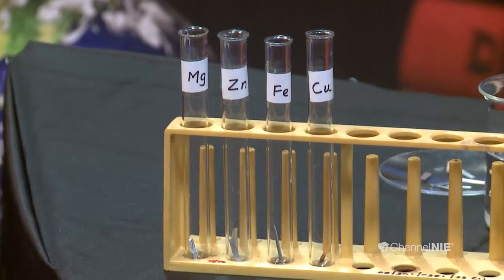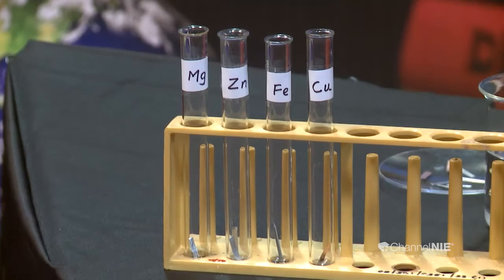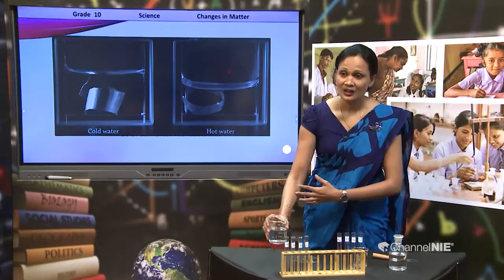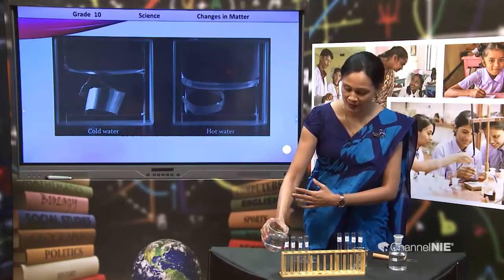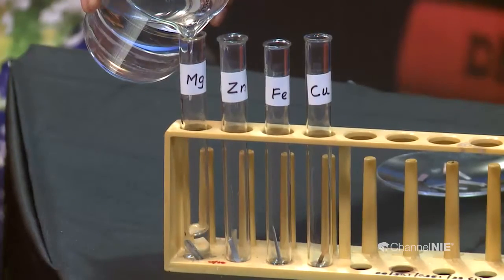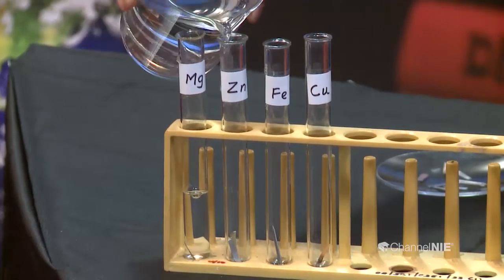Now I am going to add cold water into each test tube. Look at this very carefully because you can observe what happens in there.